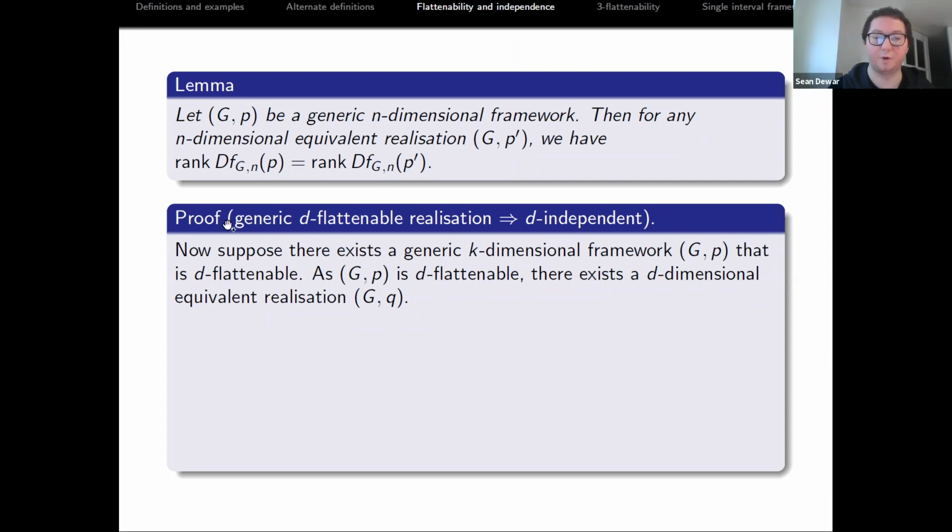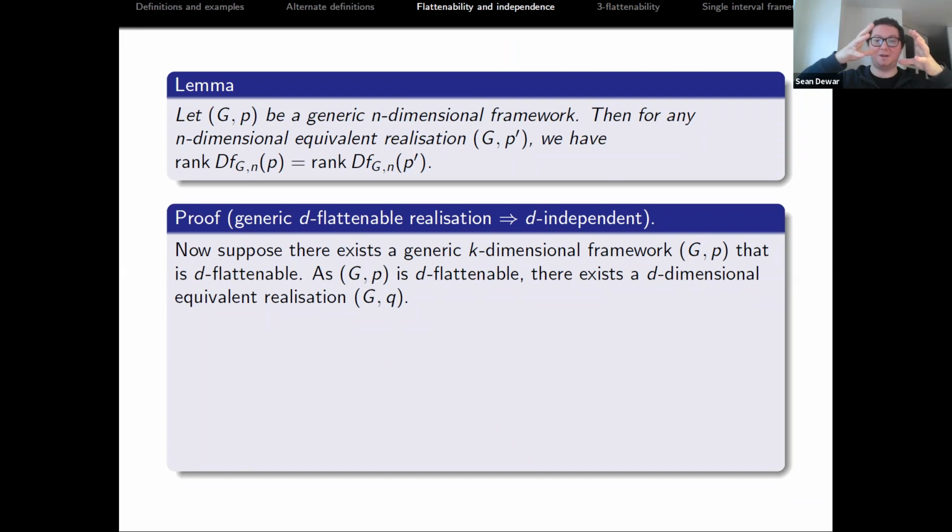So we're going to suppose there is a generic k-dimensional framework that is deflattenable. Just to give you a gist of what we're going to do, it's only a couple of paragraphs, so it's not that much. You have your generic k-dimensional framework, and we know it's deflattenable.